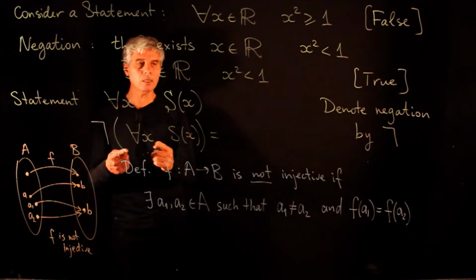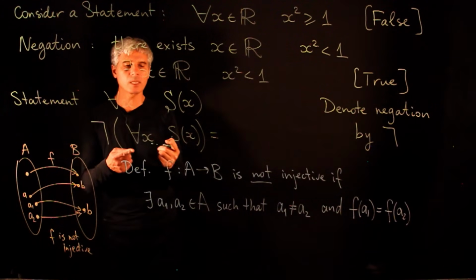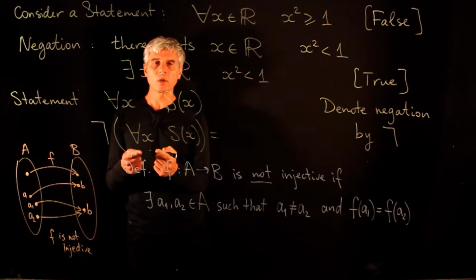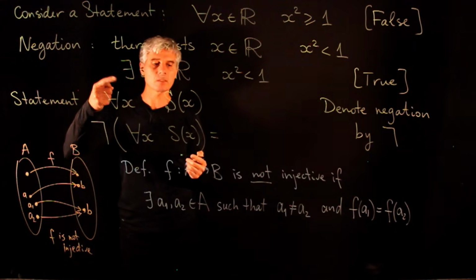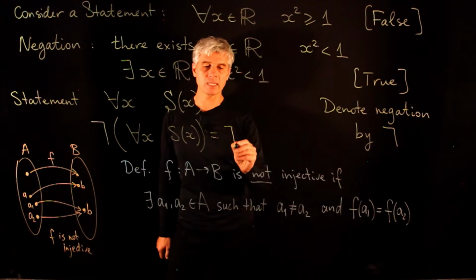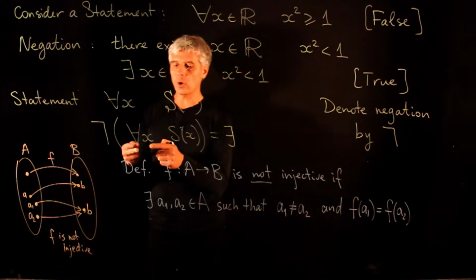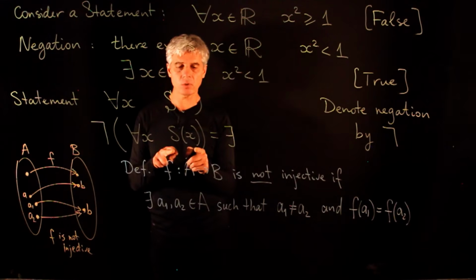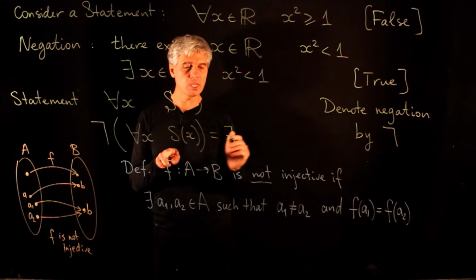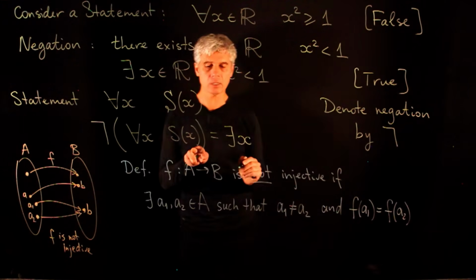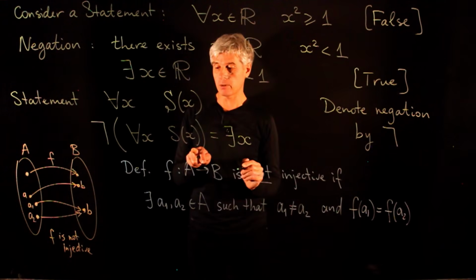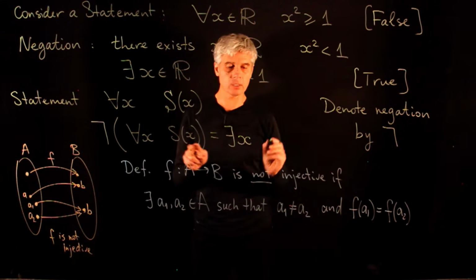And here what we see is that when we negate a statement with a quantifier for all, we get a statement with an existence quantifier. So this says that if not for all x, s of x holds, then there exists an x for which s of x fails, or not s of x is true.